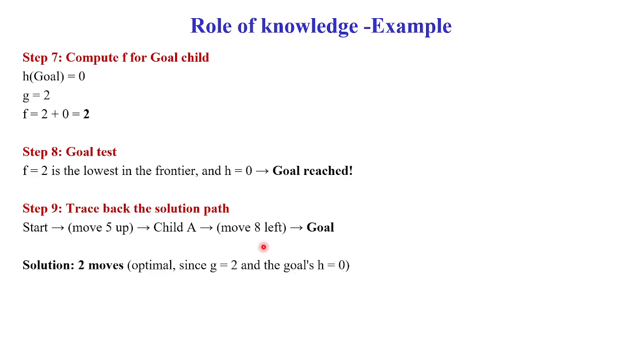The goal state's parent is A. A's parent is start. So we have done these two tile movements to achieve the solution. Two moves were made that have given the optimal solution.